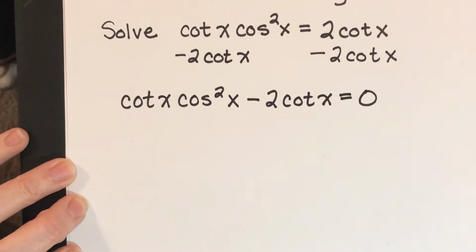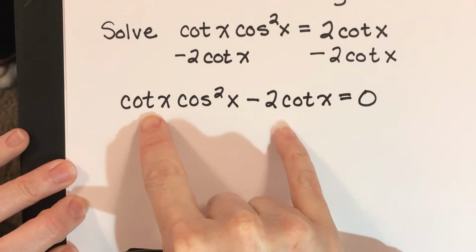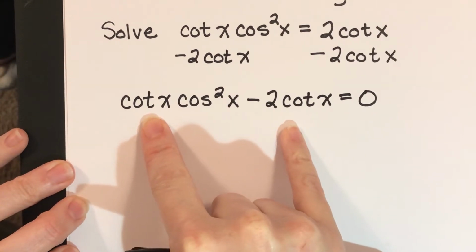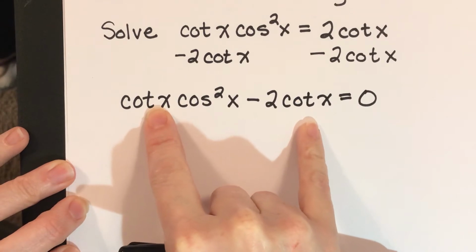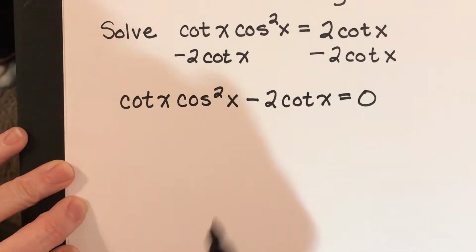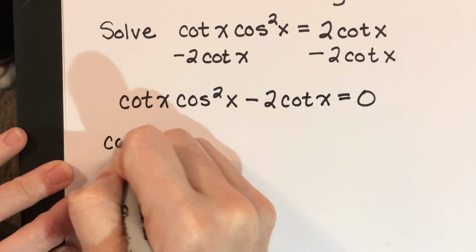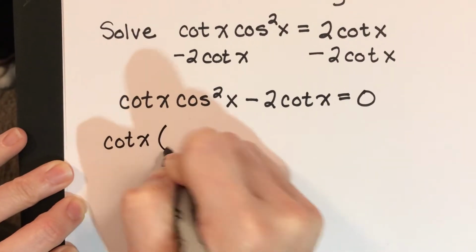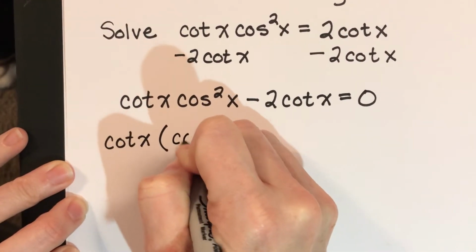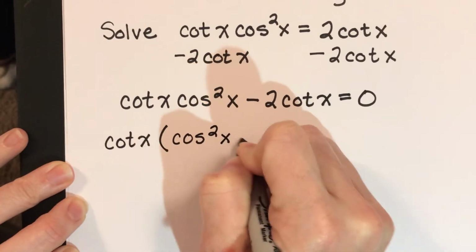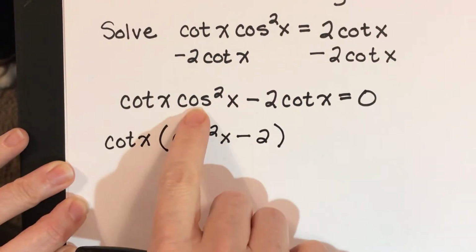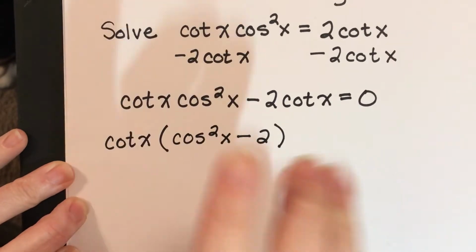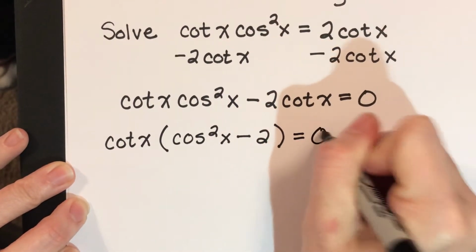Start by factoring out a common term. That's where we always start if we can. So both of these contain cotangent, so we're going to factor out cotangent x. So cotangent x times cosine squared x minus 2. So we factored cotangent out of both of these, and that's what we're left with, equals 0.